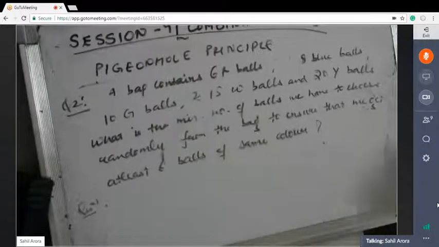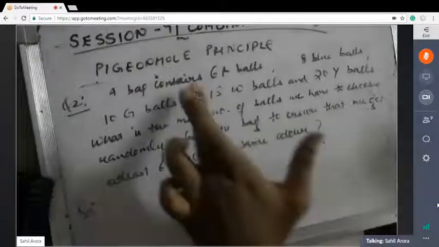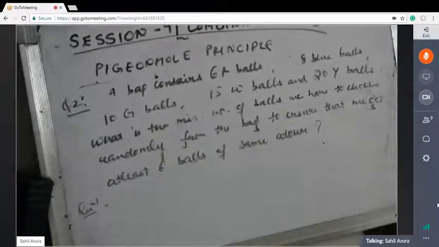Second question says the bag contains 6 red, 8 blue balls, 10 green balls, 15 white balls, and 20 yellow balls. What is the minimum number of balls we have to choose randomly from the bag to ensure that we get at least 6 balls of the same color? Anybody can try.